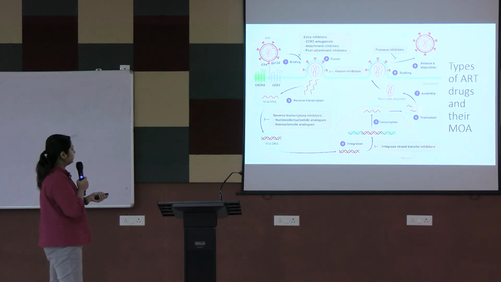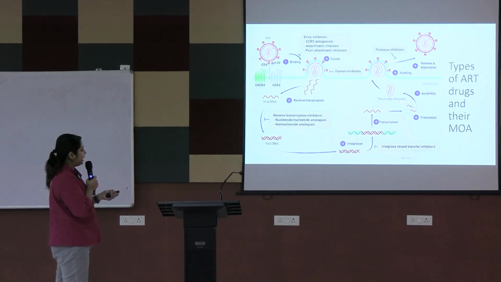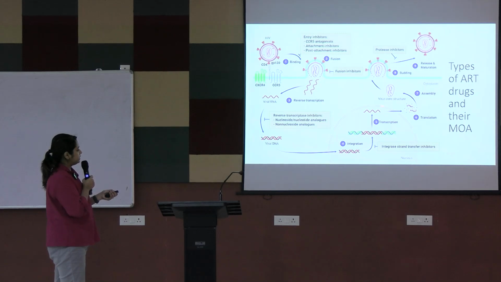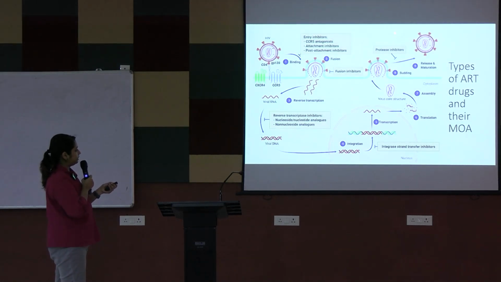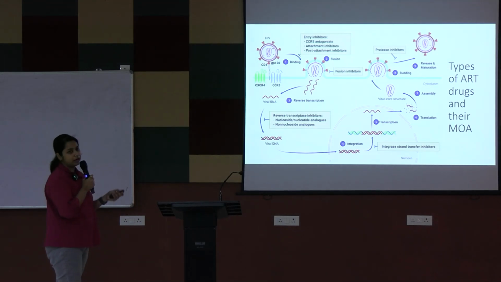Then after that the RNA is again produced. It is enveloped by a protein again. Assembly is happening, and then the virus is again taking a part of a membrane and then going out as a new viral particle. So in this way the virus is replicating.